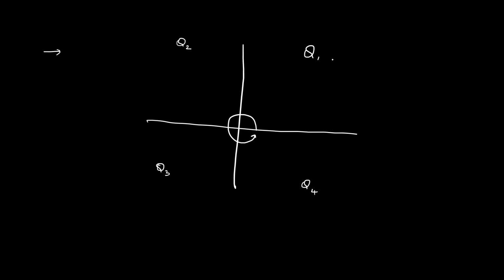In quadrant 1, all ratios like sine theta, cos theta, cosecant theta, tan theta, cot theta, secant theta are positive. In the second quadrant, only sine and its reciprocal are positive. In the third quadrant, only tan and cot are positive. And in the fourth quadrant, cos and its reciprocal secant are positive.